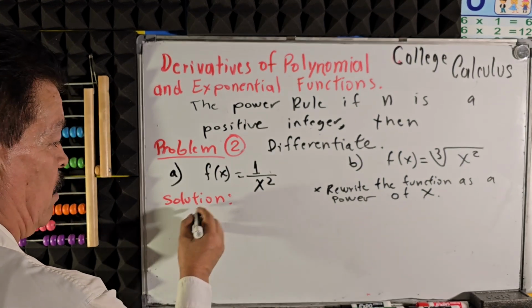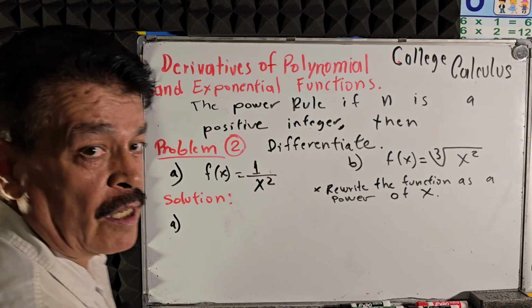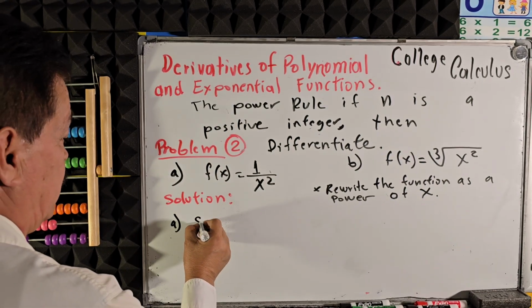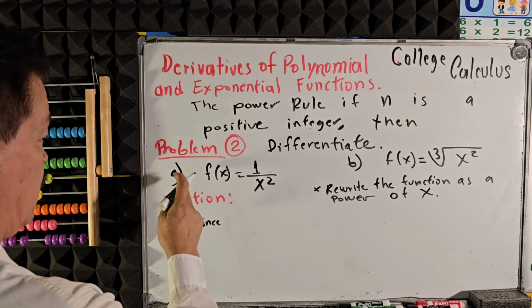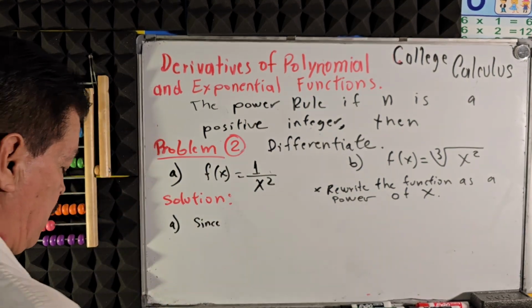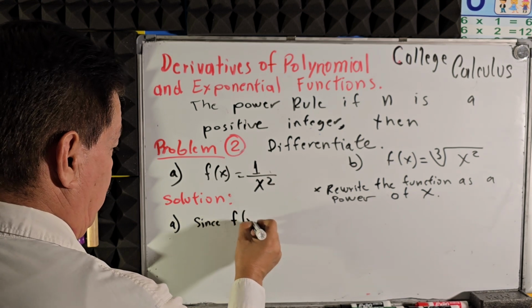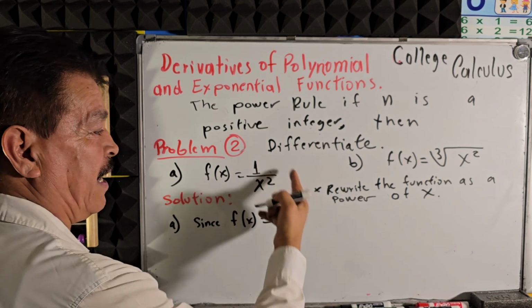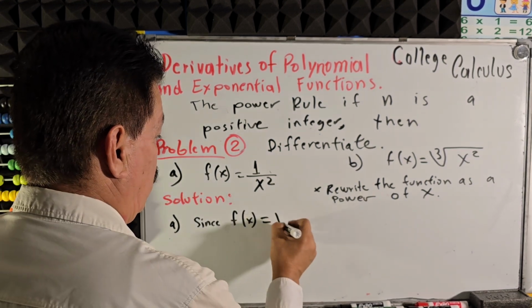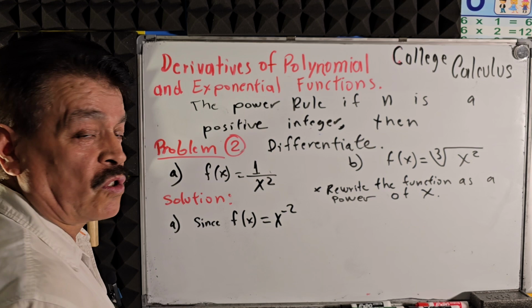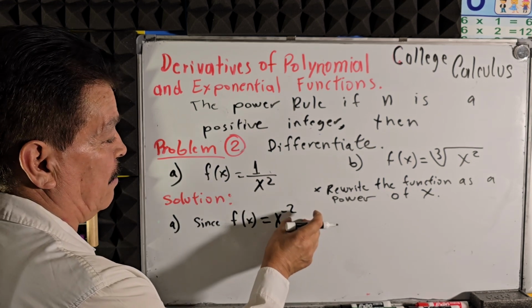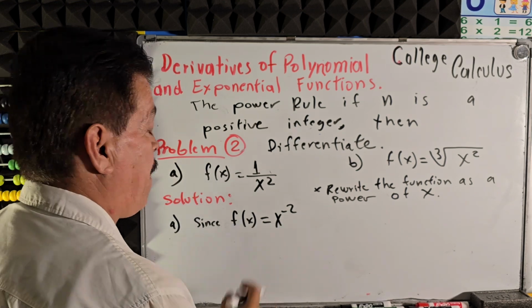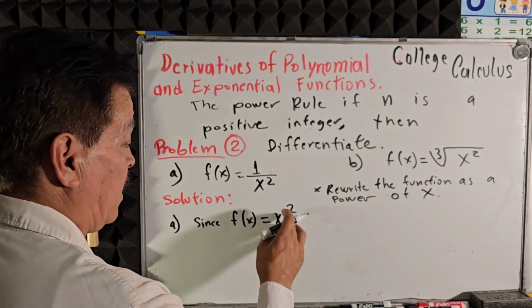So for problem A, f of x is equal to, how do you write this as a power of x? It equals x to the negative 2 power.